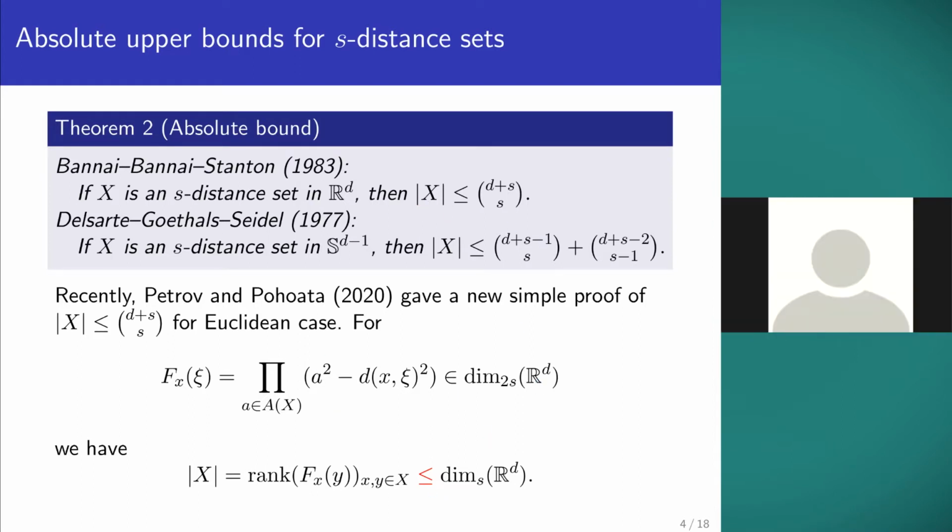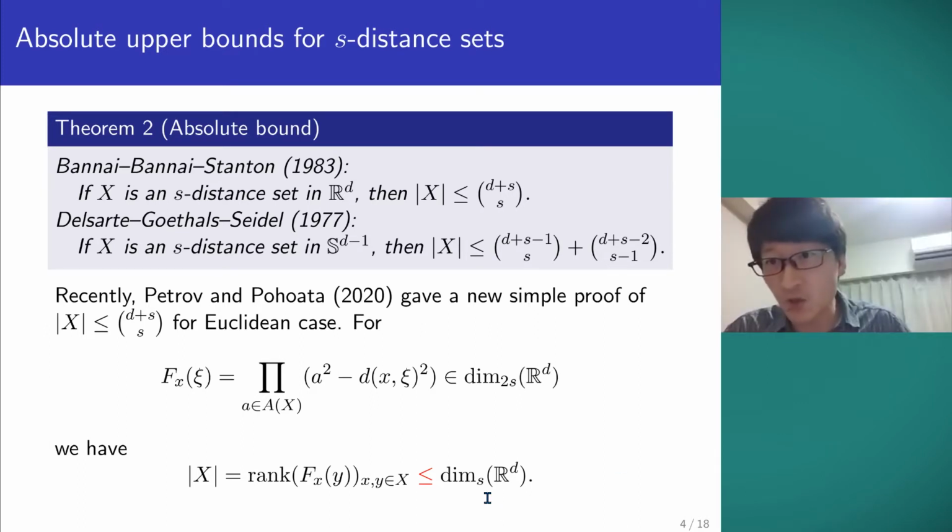What is dim_s? It is the dimension of the linear space of polynomial functions of degree at most s with d variables. Is it okay? Please interrupt me if you have any questions.